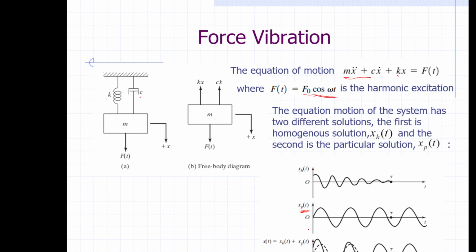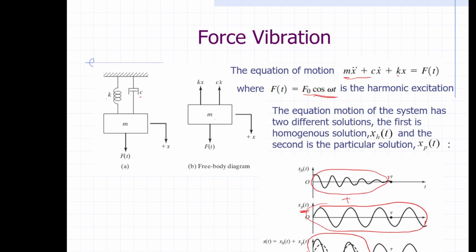Okay, then the combination of the two solutions is like this. You have the homogeneous solution that has the transient part, and you have the particular solution that is steady like this. So when you combine these two together, you have a transient with an unorganized, not recognizable pattern of oscillation, right?